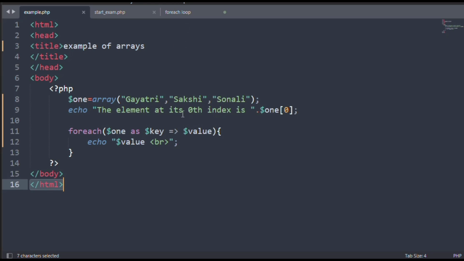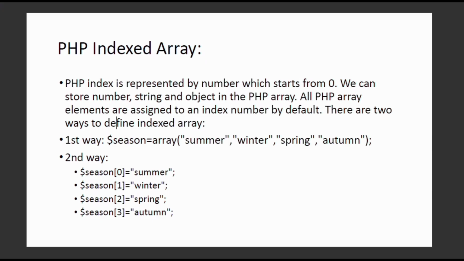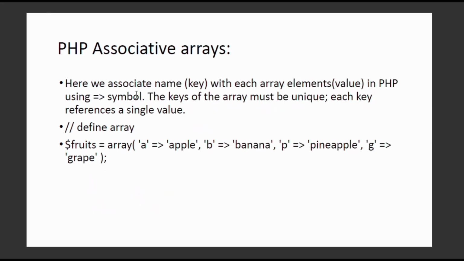Now we will see our next type, that is associative array. Here we associate a name, means we can define each element with one key, with each array element in PHP using the equals to and greater than symbol.